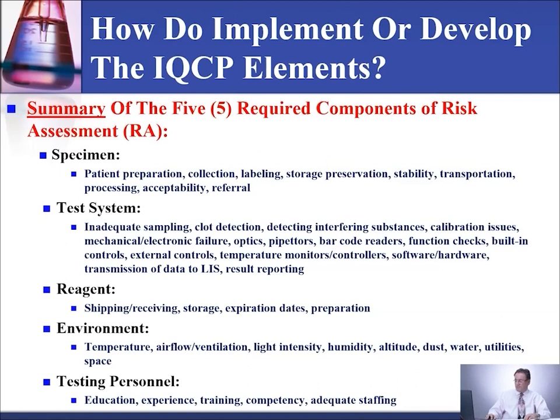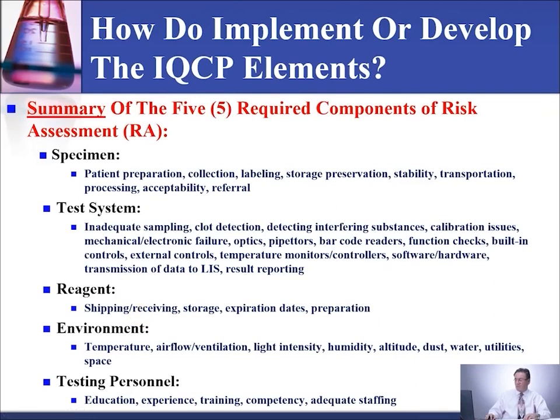For test system, you need to look at inadequate sampling, clot detection, detecting interfering substances, calibration issues, mechanical or electronic failure, optics, pipettes, barcode reader, function checks, built-in controls, external controls, temperature monitoring controls, software, hardware, transmission of data to the LIS, and result reporting. Under reagent, you need to look at shipping, receiving, storage, expiration date, and preparation.